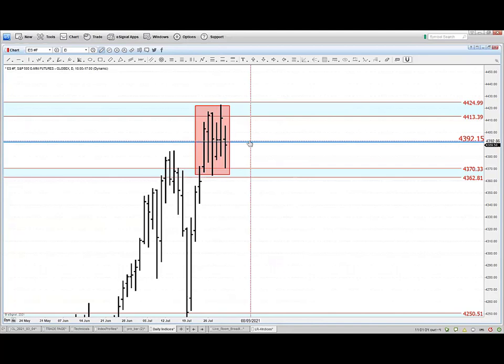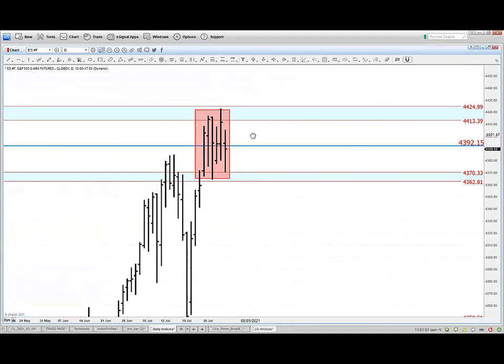Now, if it does, it's probably a buy signal. So a sort of gross plan for next week is to be short below this level, long above this level, and your stop is here.